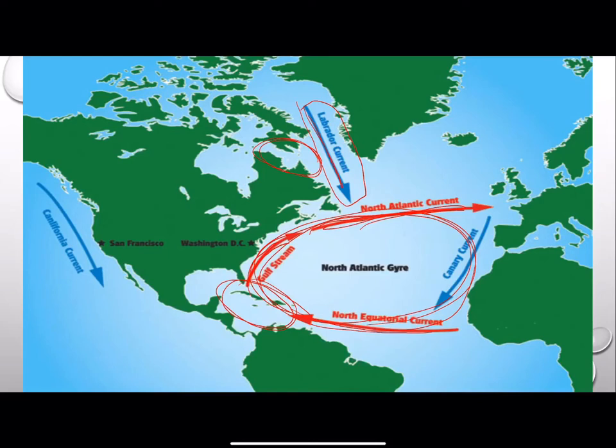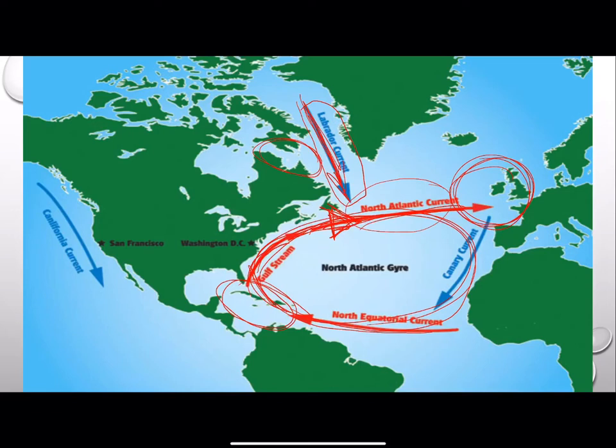The waters coming down from Greenland meet up here, and the waters that are up in the North Atlantic meet up with the Gulf Stream. But we have a lot of water coming up from the Caribbean, and it goes all the way over here, and this is where basically all of it lands.